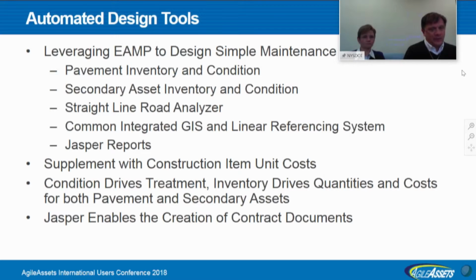Most of the paving we do are these simple pavement projects. We are very preservation oriented, so this is a tool that we think could get a lot of use. So we're looking at that, and with Jasper reports, my thought is we can do the estimates, we can locate the work, and we can actually produce the contract documents through the use of Jasper reports.